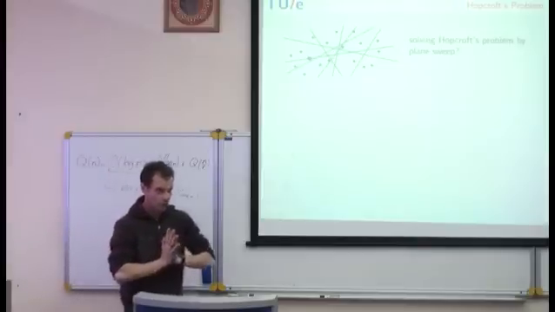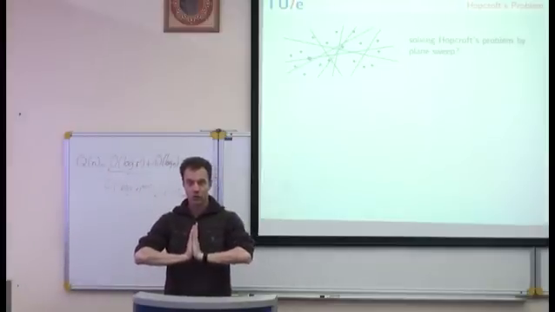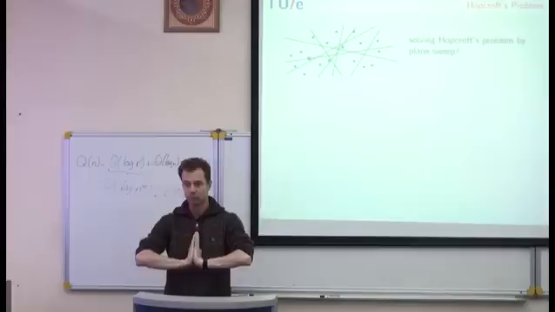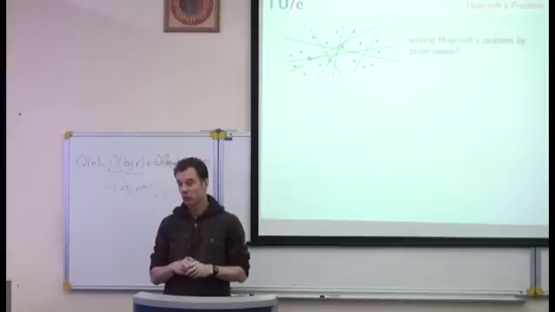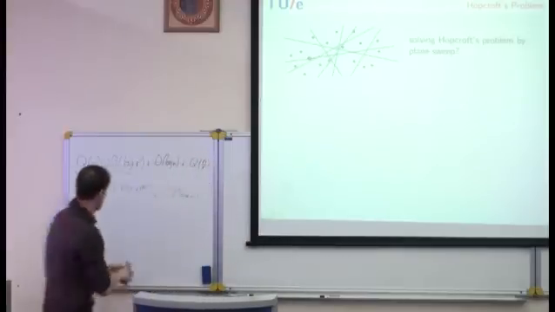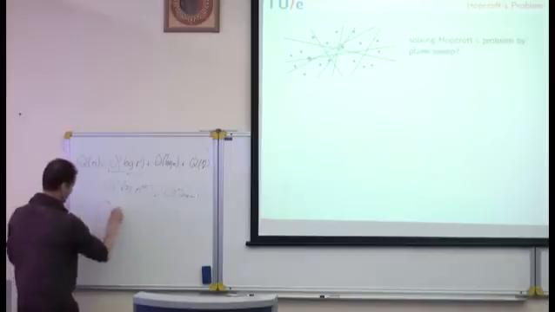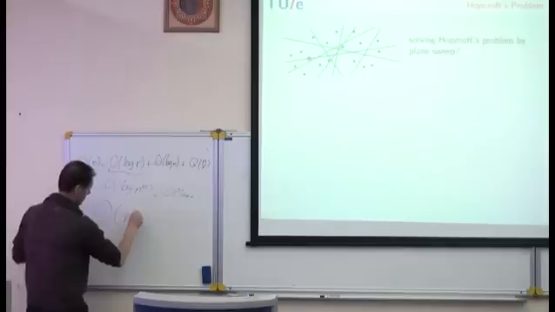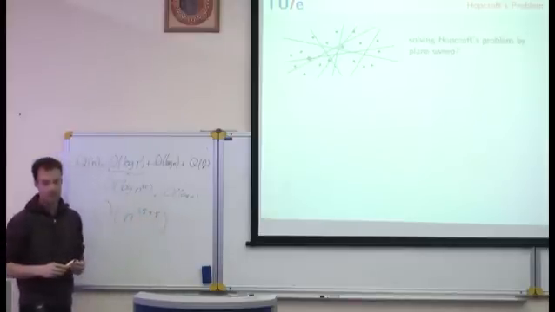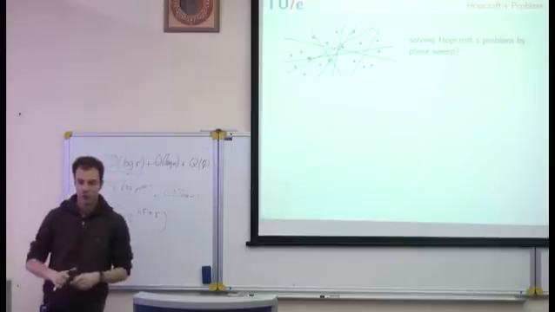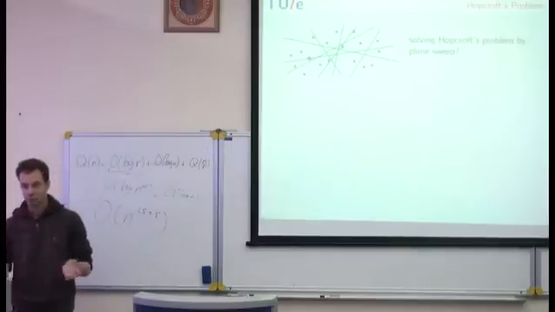Using what I told you on day 1, maybe a little bit day 2 also, you should be able to do this in n times square root of n, or actually maybe in time n to the 1.5 plus epsilon. So how would you do this?